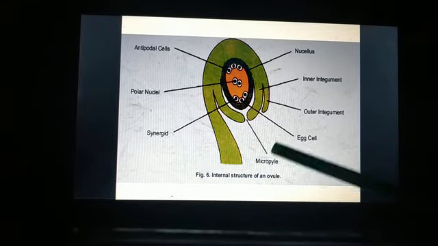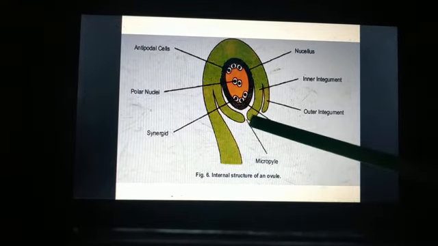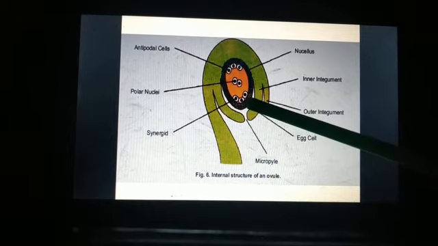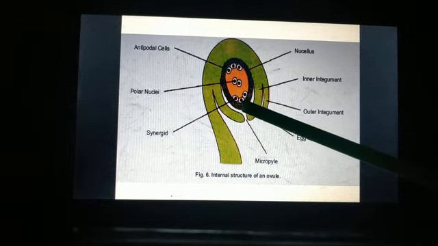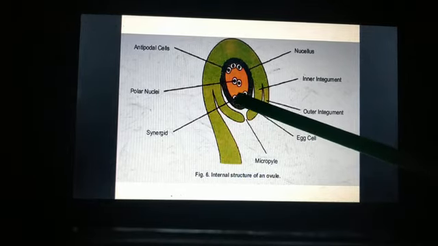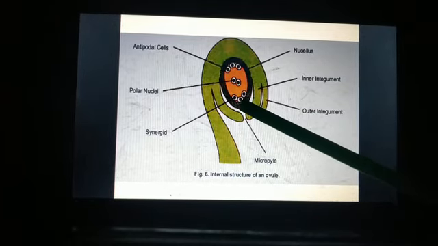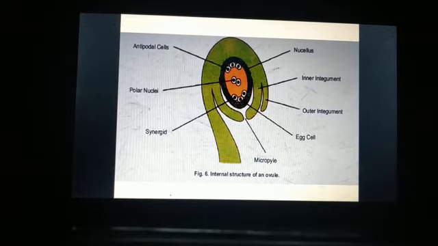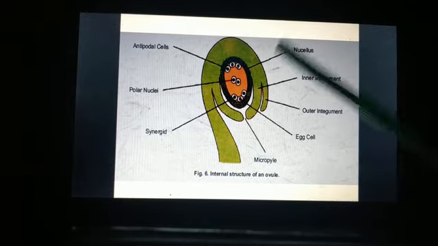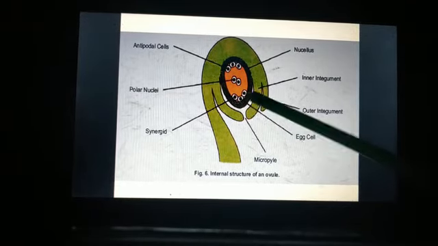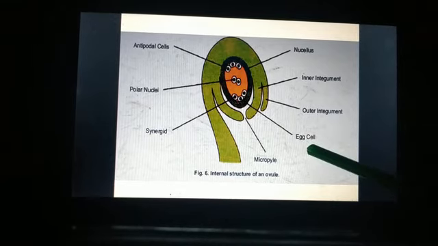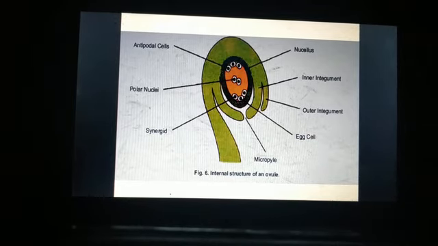This will be more clear. So from the micropyle end, the pollen tube enters and releases the two sperm cells in the embryo sac here inside. Out of these, one sperm cell fuses with the egg, the center one, the egg cell, and it will produce the zygote.